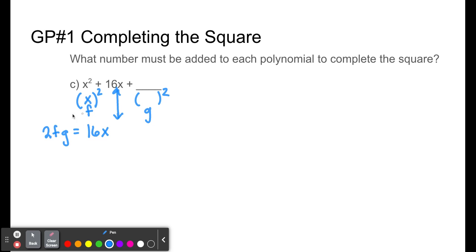We know that x is equal to f, so 2xg is equal to 16x. We can divide both sides by 2x, and g is equal to 8. Plug that in here, and g squared, 8 squared, gives us the blank, so this is going to be 64.